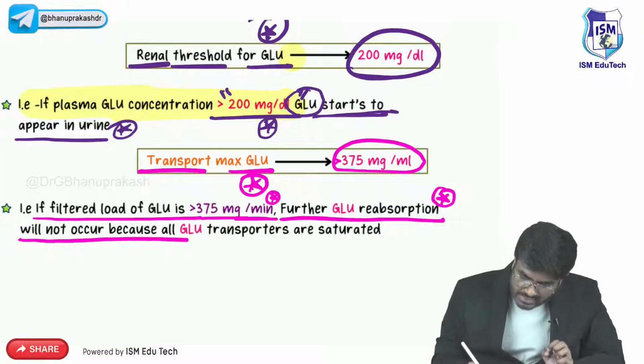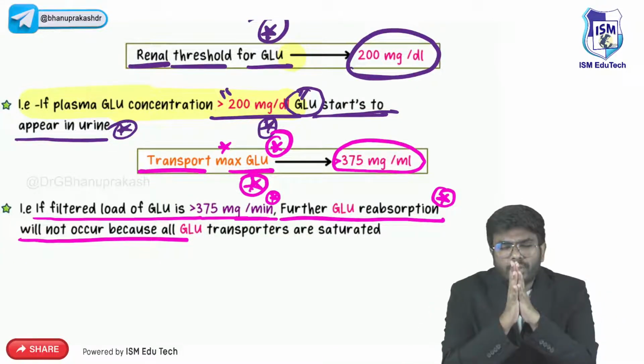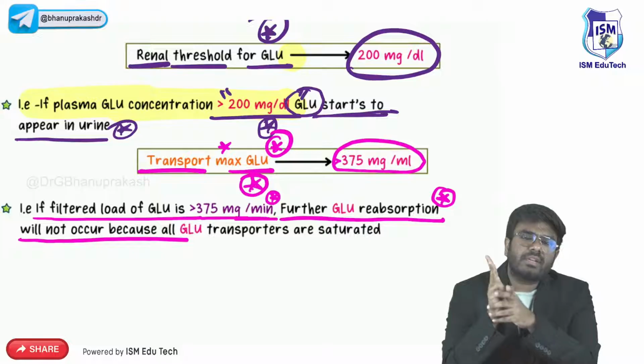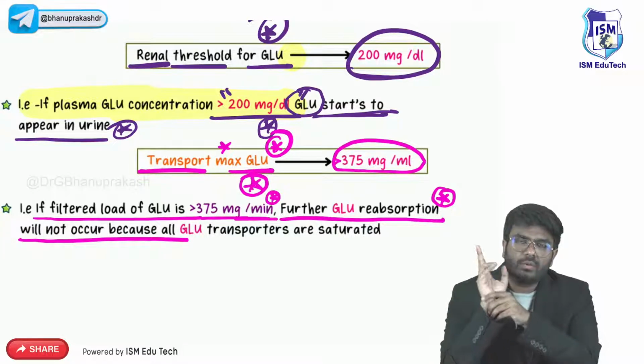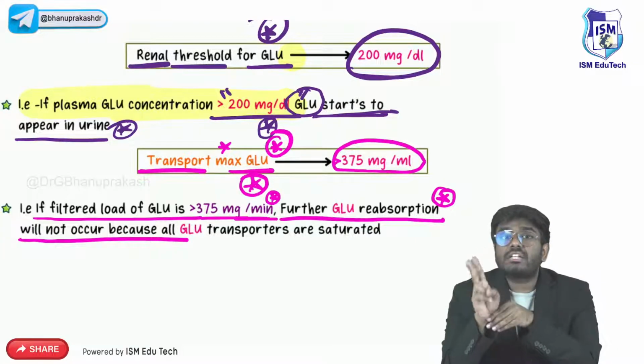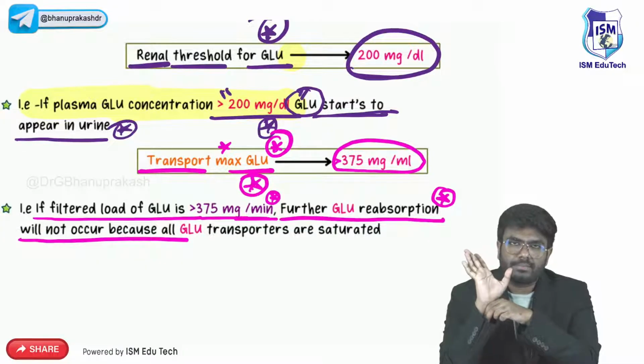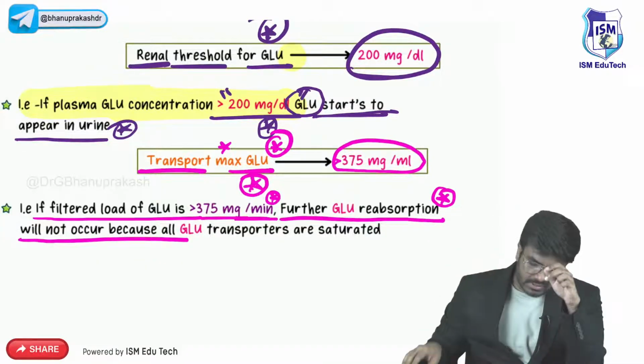So this value is called the transport maximum of glucose. Simple, two values: Tmax, the transport maximum for glucose, is 375, and the renal threshold or urinary threshold for glucose is 200 milligrams per deciliter of plasma. These are the two important MCQs.